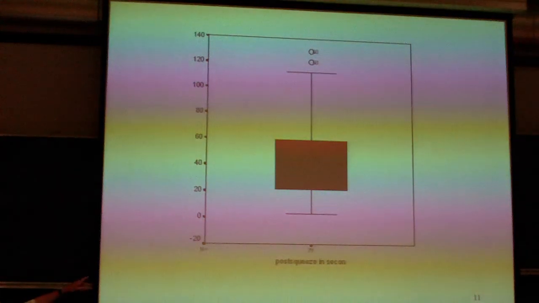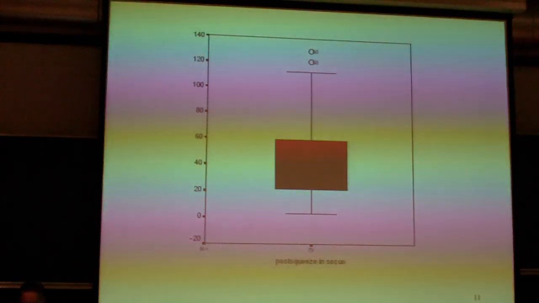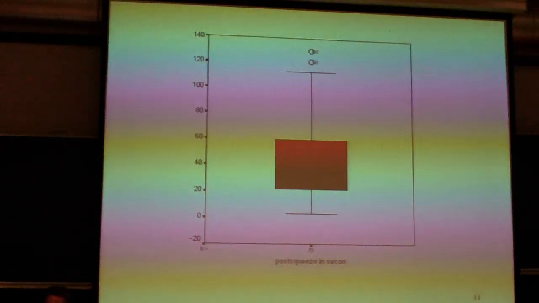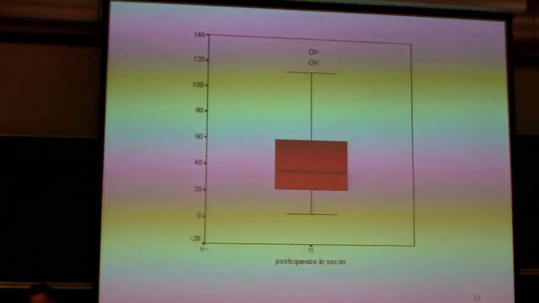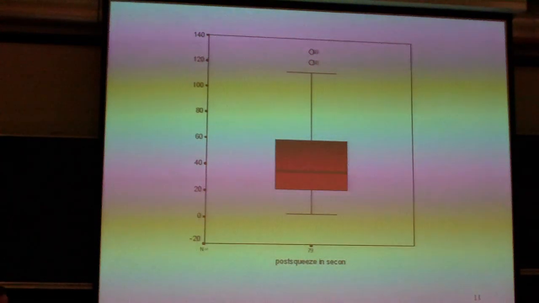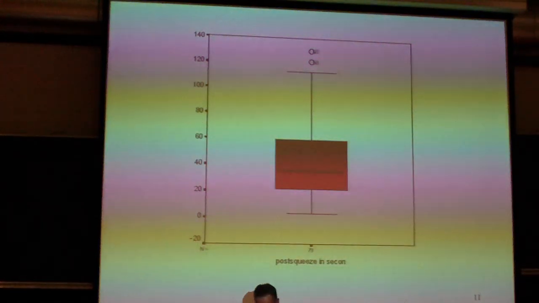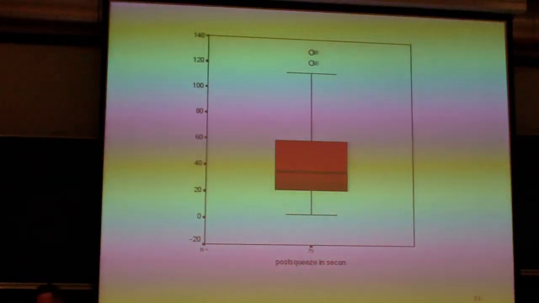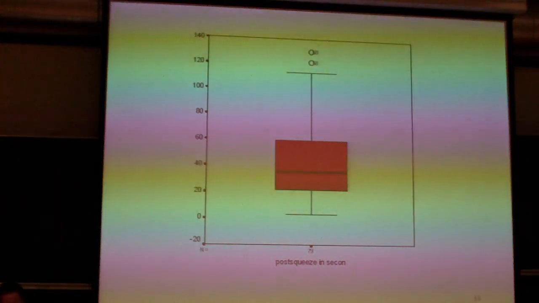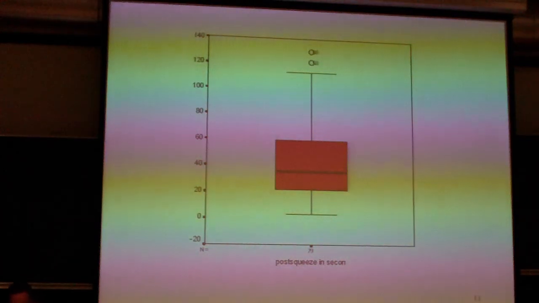Now, the antennae that you can see below and above go to the minimal score and the maximal score that were no outliers. So this particular bar corresponds to the lowest score that was observed, but it was no outlier. At the upper part you can also see a bar which corresponds to the largest score that was observed that was no outlier.